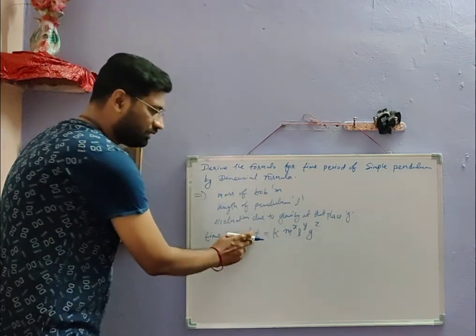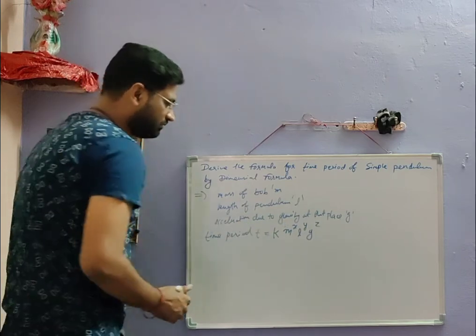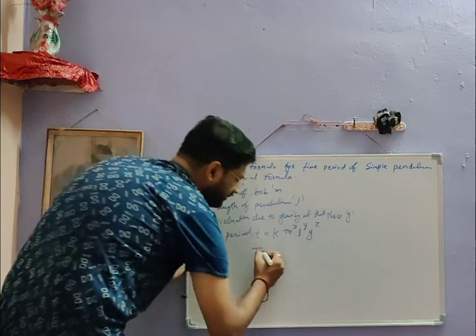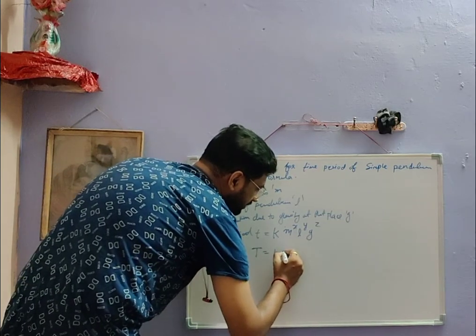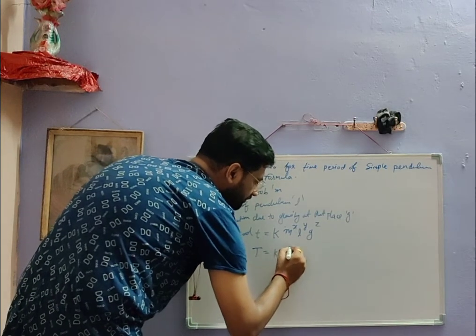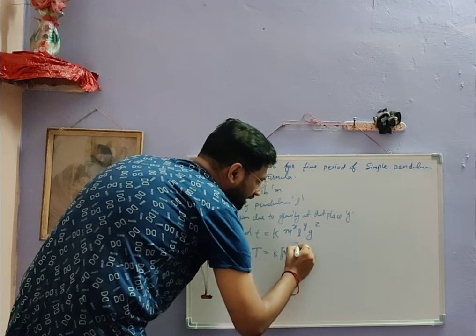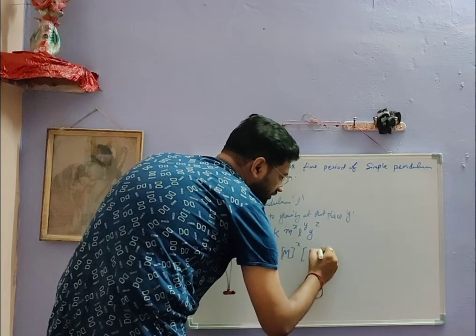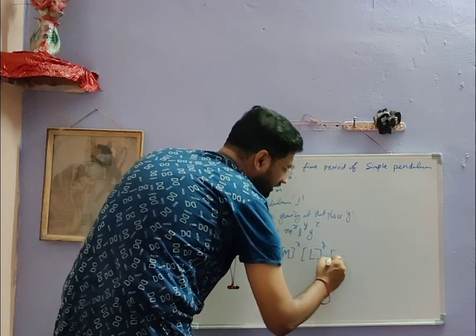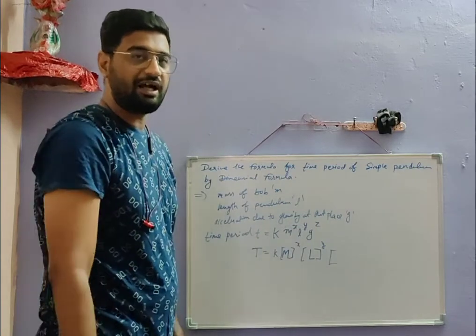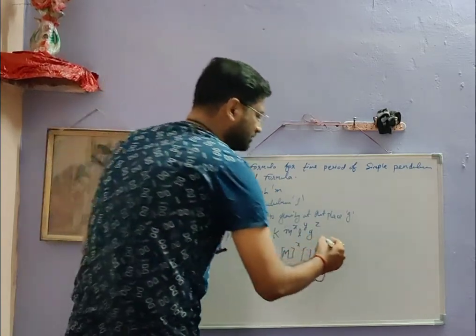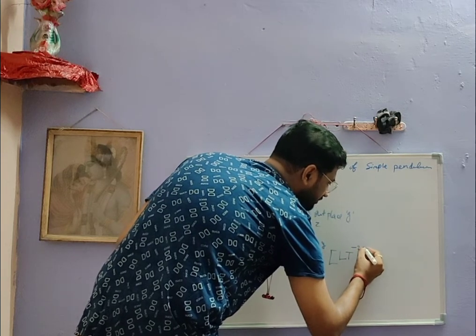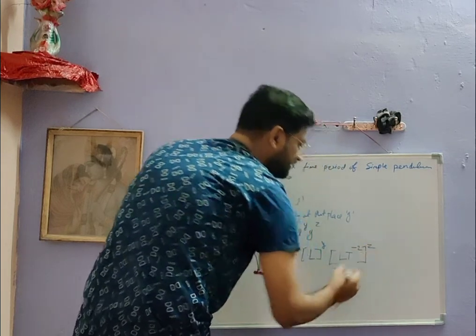For time period, dimension is given by capital T. For mass, dimension is given by capital M to the power x. For length, capital L to the power y, and last one g. It is the acceleration. For acceleration, dimension is given by L T minus 2 to the power z.